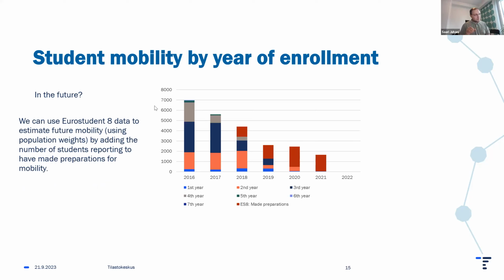We're going to use the category, I have already made some preparations for going abroad, because that's one of the key variables of interest in the EUROSTUDENT sample for when studying outgoing student mobility. Extrapolating by using the population weights in our data set, and assuming that everyone who has already made preparations is also gonna study abroad, these are the estimates that we are expecting to see in our national student outgoing mobility statistics within the couple years from now.